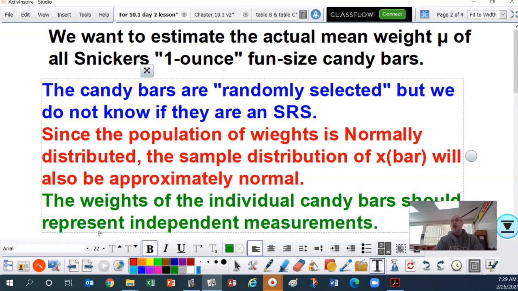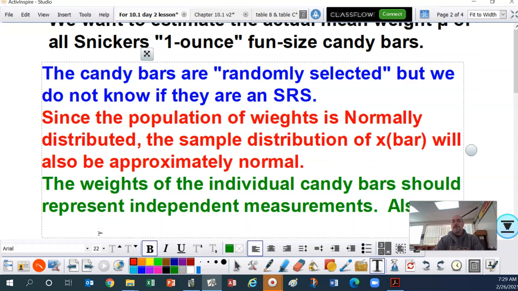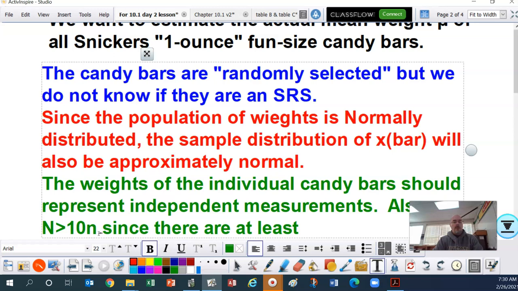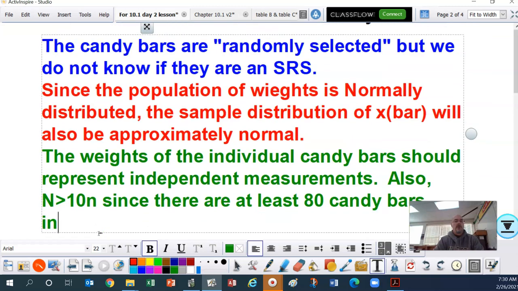Also, the population is greater than 10n, since there are at least 80 candy bars in the population.